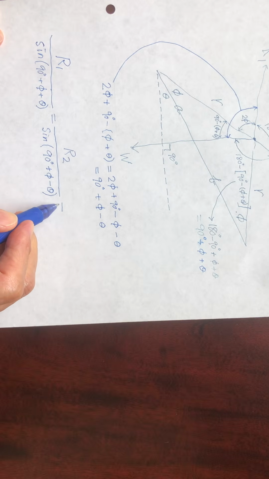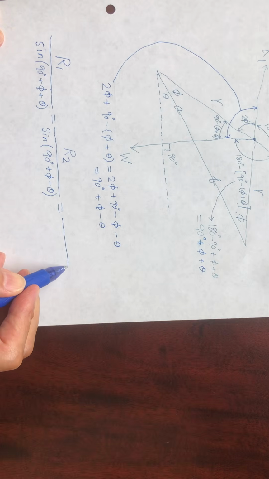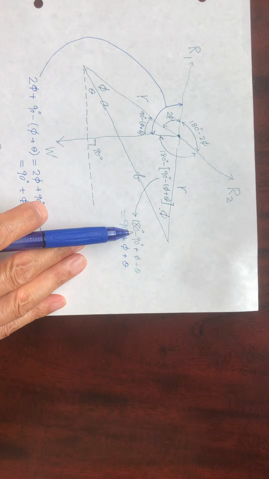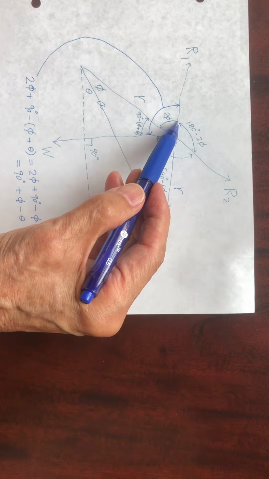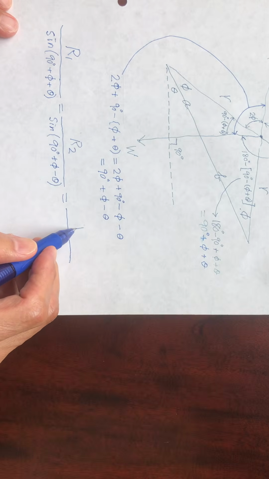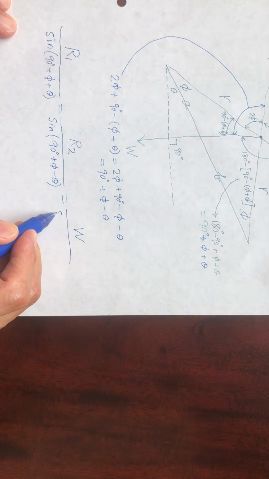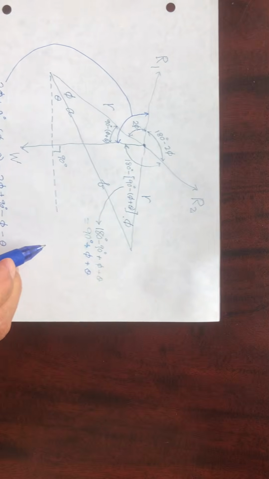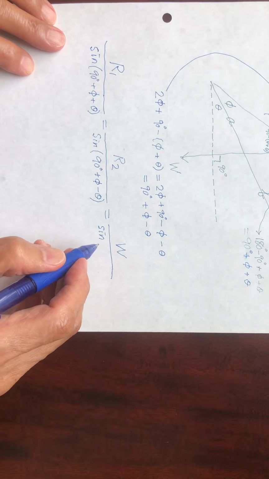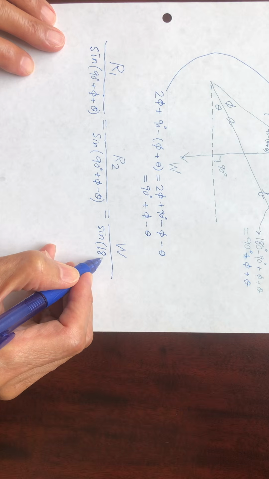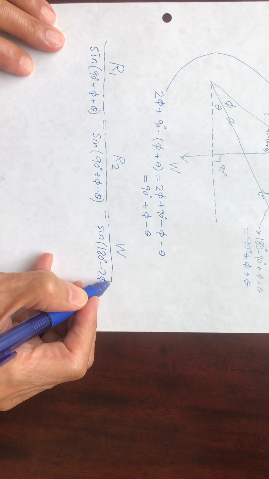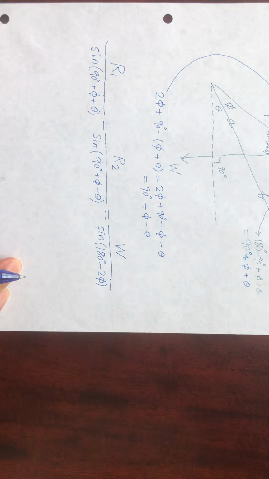Equals W divided by sine this angle. So I have W over sine this angle, 180 minus 2 phi. Good. That is my Lami's theorem.